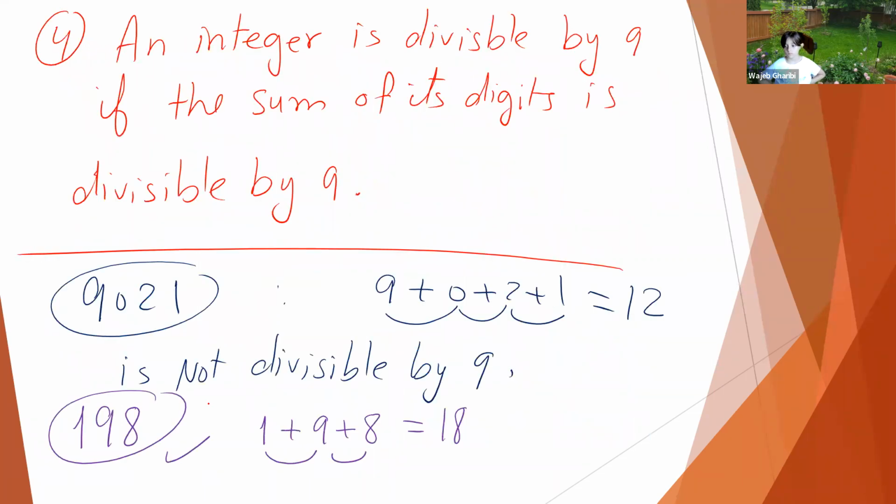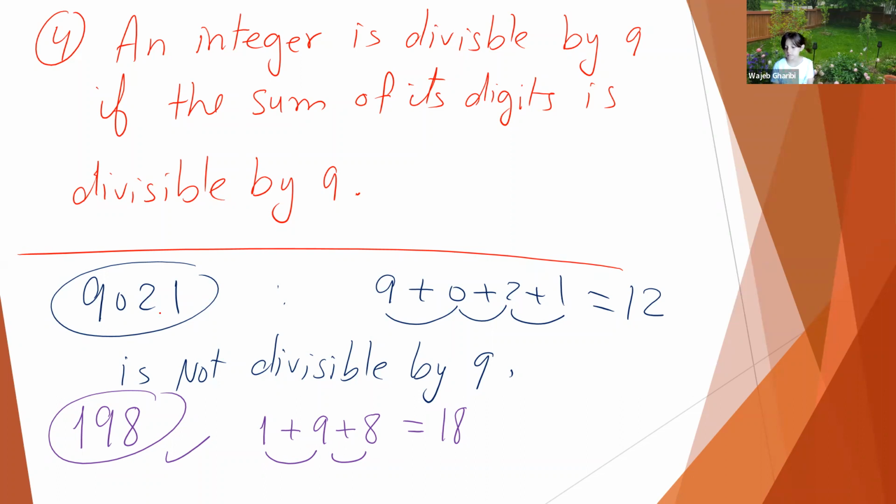How about one more rule? An integer is divisible by 9 if the sum of its digits is divisible by 9. Give an example. 9,021, is it divisible or not? No, it's not. Why? Because 9 plus 0 plus 2 plus 1 is 12, and 12 is not divisible by 9.